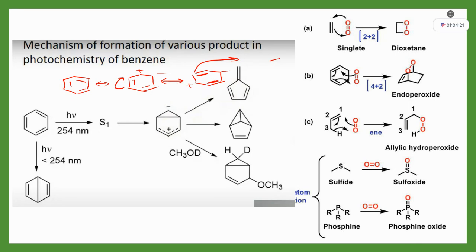Okay, so here positive charge is already there, positive negative, but this positive has also left here negative charge. So in this way they have formed this. And why have they written like this? Because this is allylic. This positive charge can go there, this positive charge can be here.